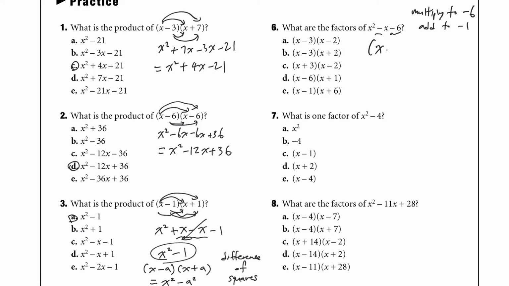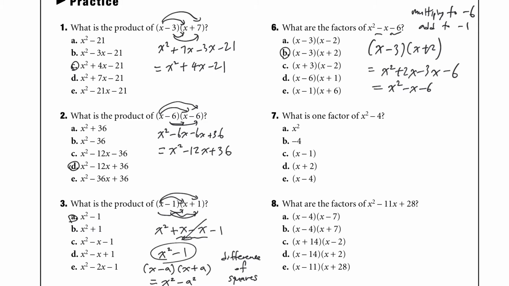Okay, and you can tell that it's negative 3 and 2. So that's going to be B. And you can check by expanding the brackets, and you do indeed end up with the same expression.